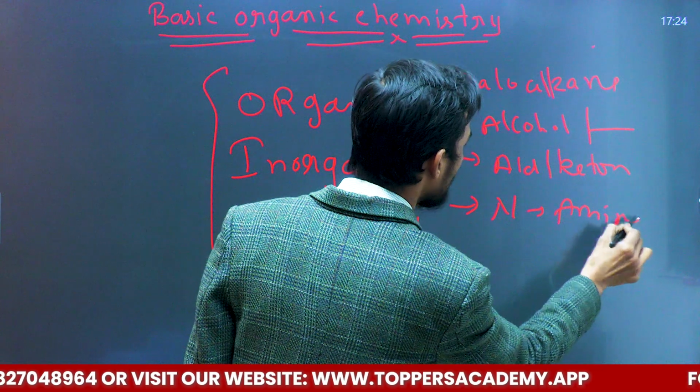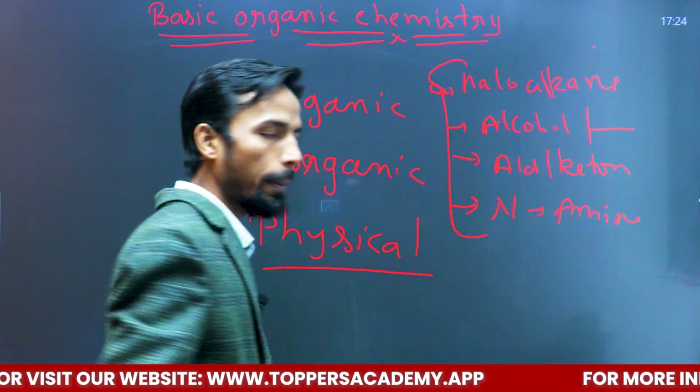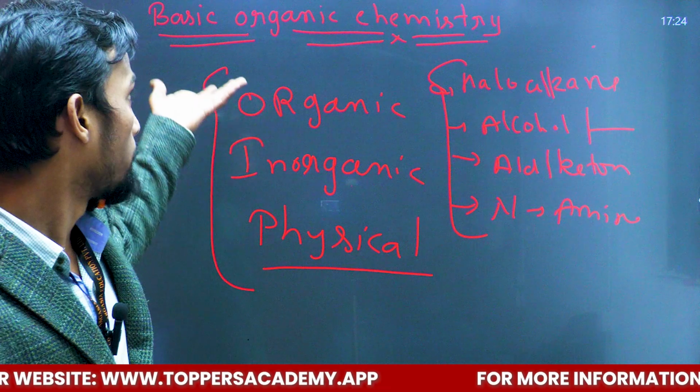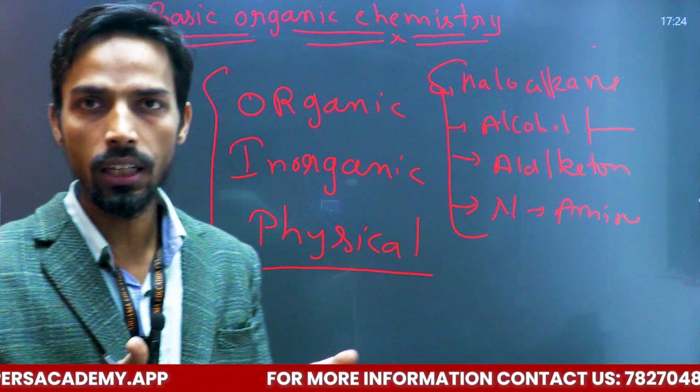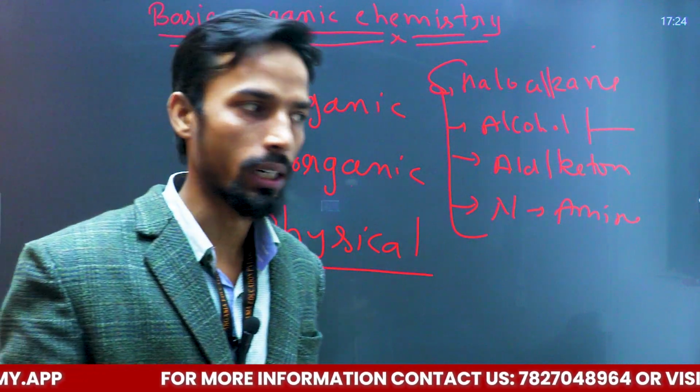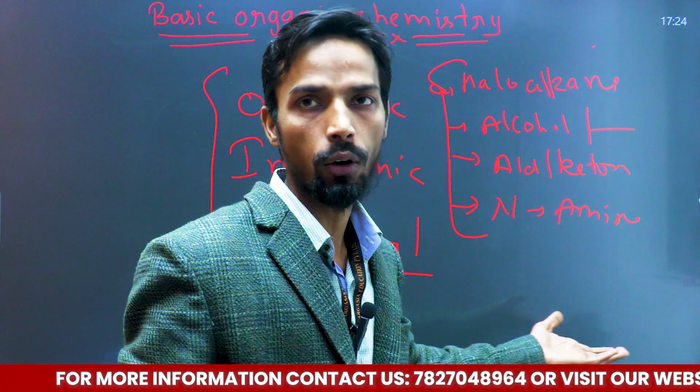In all these chapters of class 12, we are going to deal with these basics again and again. If our basics are weak, it is quite difficult for us to proceed with all these chapters of class 12.